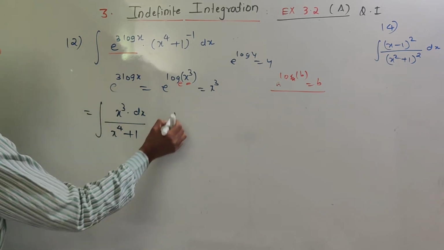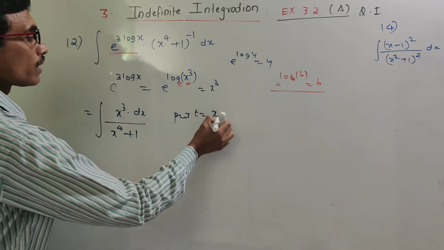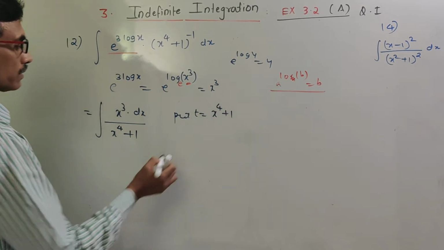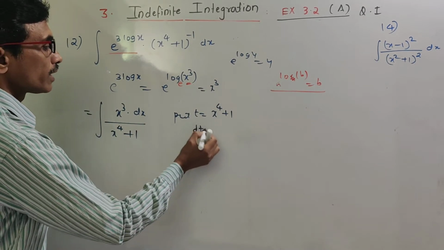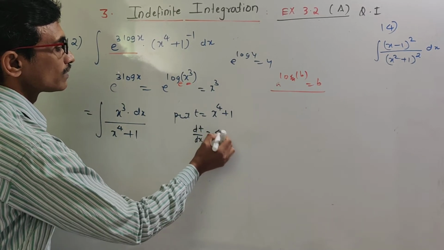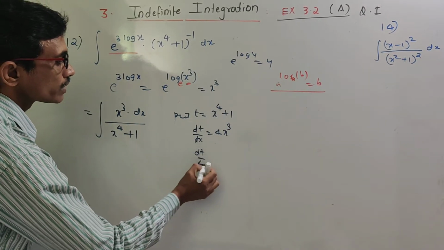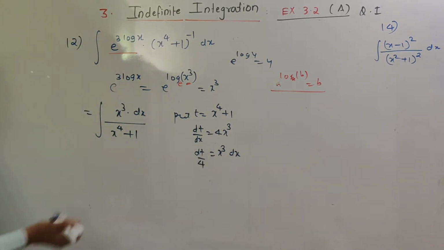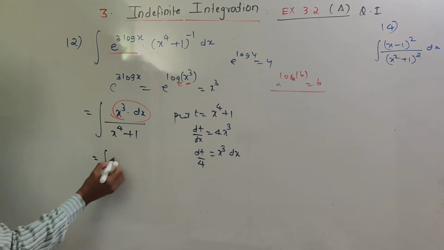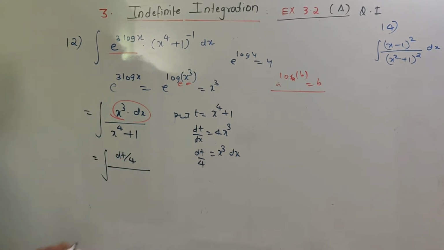So we put t is equal to x to the power 4 plus 1, very simple. dt by dx is equal to 4x cube, and dt upon 4 is x cube dx, so the integral is dt upon 4 upon t.